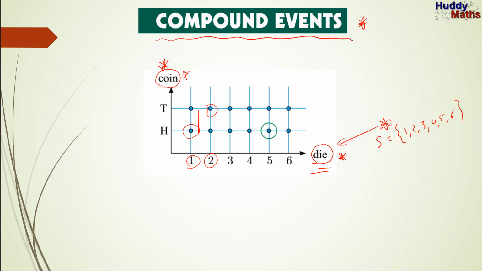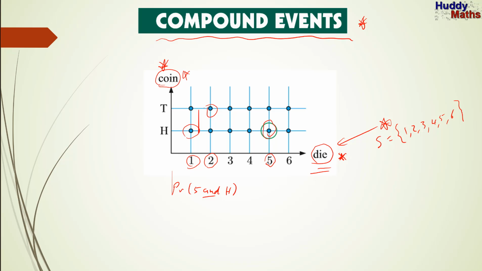Okay, so there's lots of possibilities, and this lattice is a way of counting them up and working out how many there are. So how do we work out the probability of a 5 on a die and a head on the coin? So let's write that down. Probability of a 5 and a head.